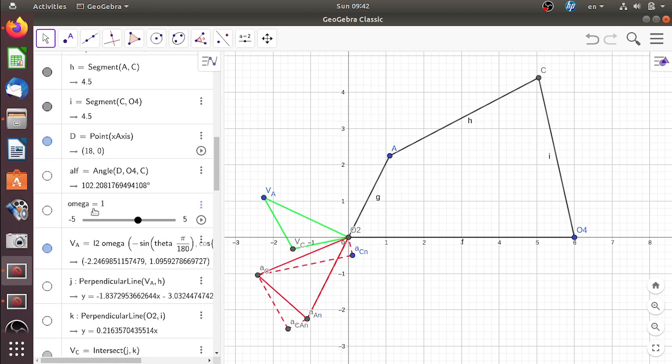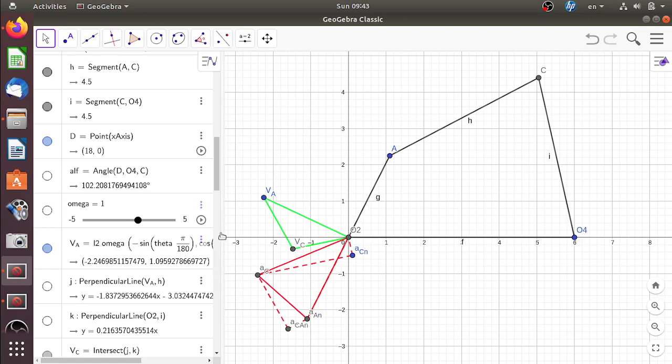Now if this is omega 2, then from that I can calculate the velocity of this point A. The velocity of point A is omega into the length of link 2. So that's how I have calculated this VA, which is equal to L2, the link length, into omega.